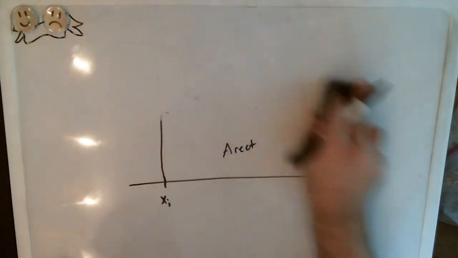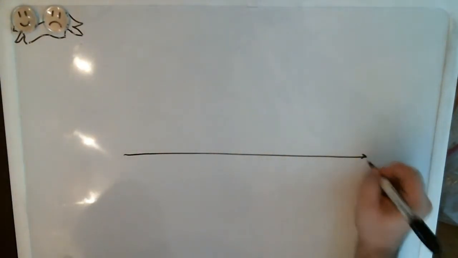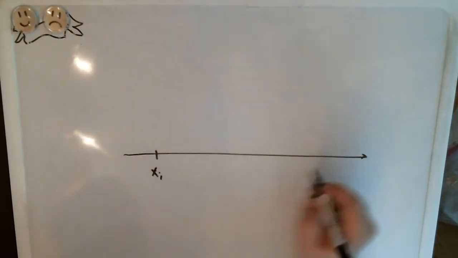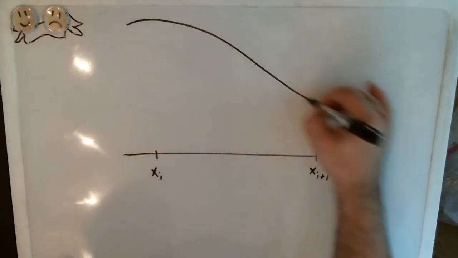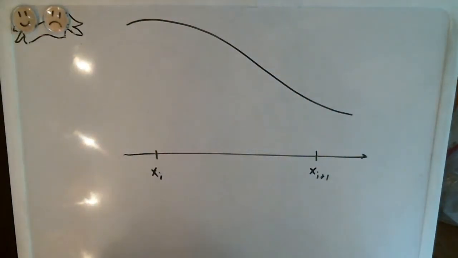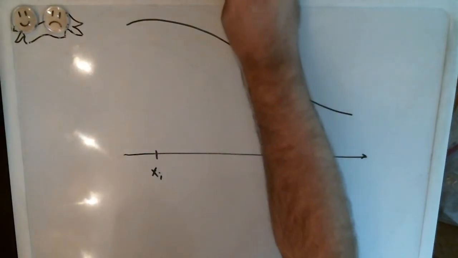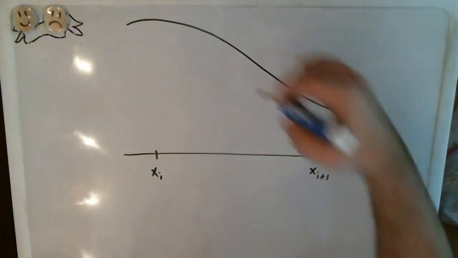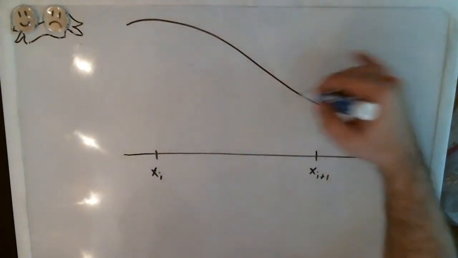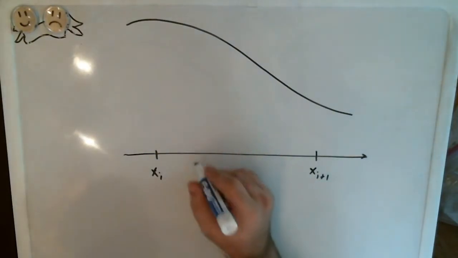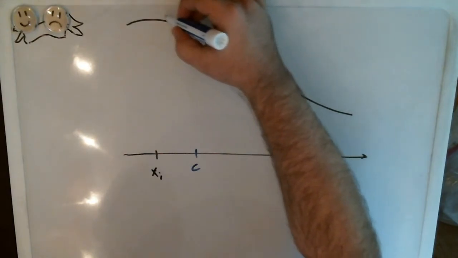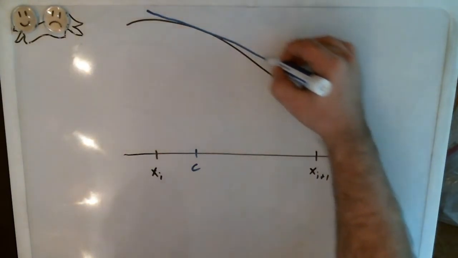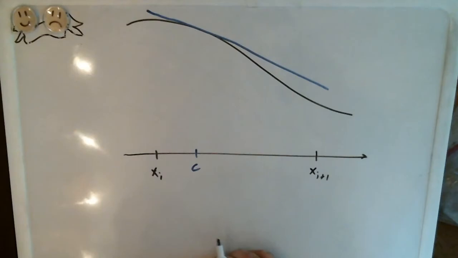The last one, which was kind of experimental on my part, says I've got a left endpoint, I've got a right endpoint, and I've got the function. Rather than using any value of the function here, I want to know what is the average slope. So somewhere in here is a point c, where at that point in the function, the tangent line has the average slope.